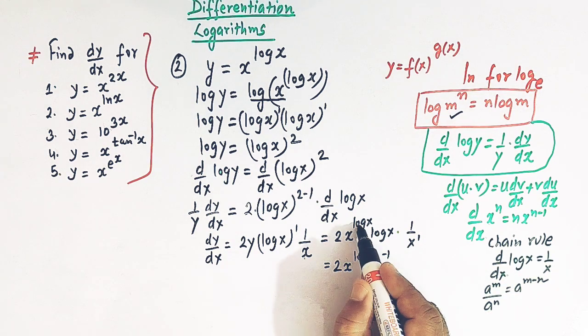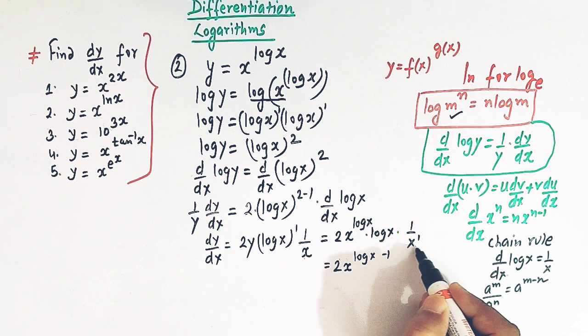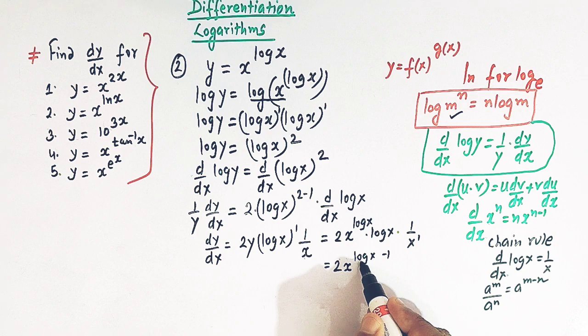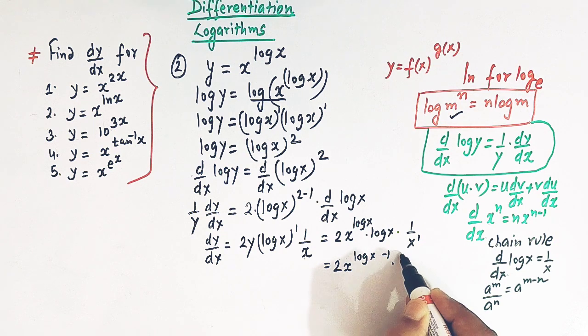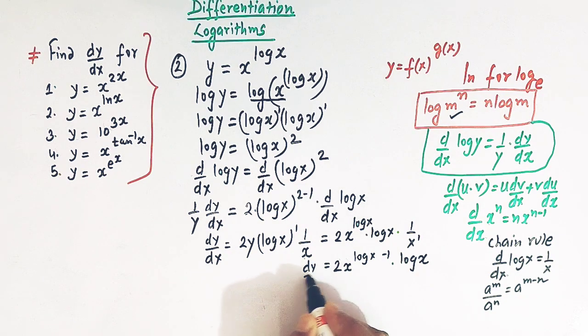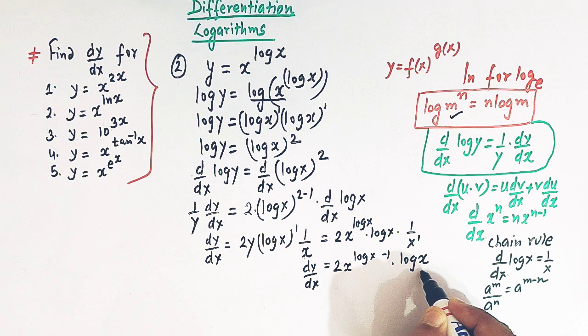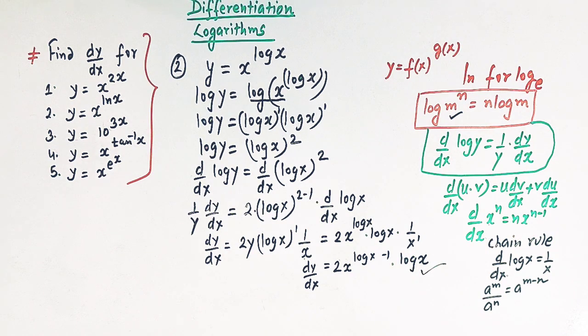So we have x raised to log x, here we have x raised to 1. So taking x raised to 1 to the numerator, we have log of x minus 1, and then here we have log of x, right? So the derivative of x raised to log x is given by this expression, right?